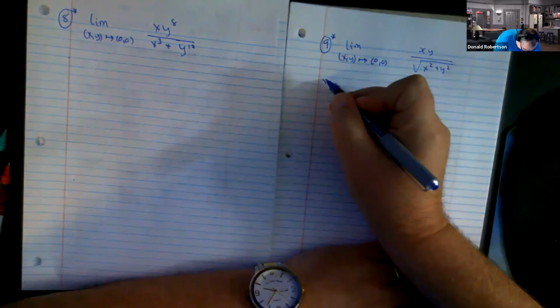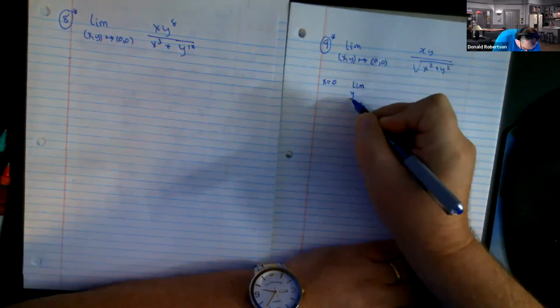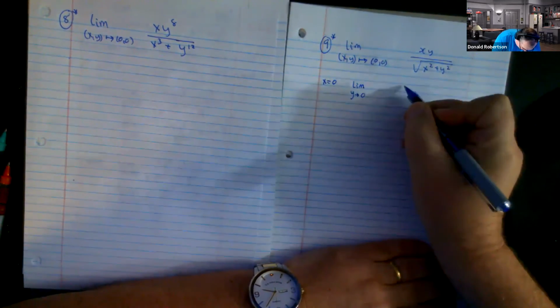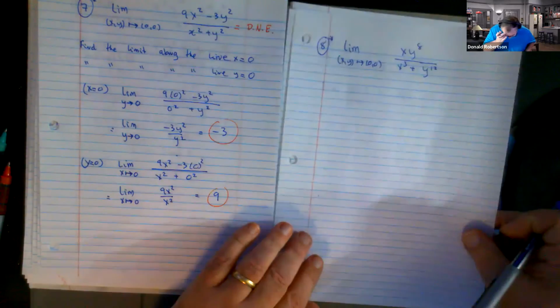So let's go along the path x equals 0. So it's going to be the limit as y tends to 0 of nothing. Oh, darn it. That one has the same issue. Okay. Then I will do that one. Well, let's do this one.